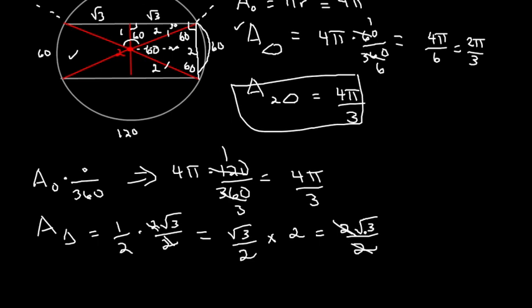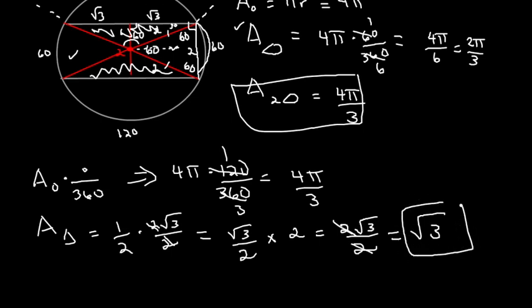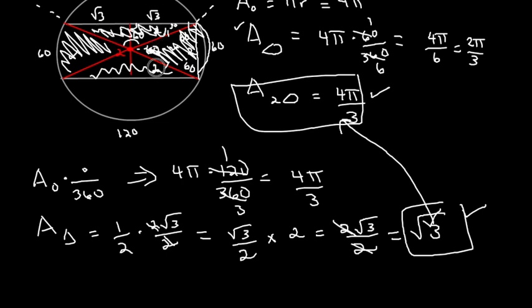So the area of this triangle and this triangle is just equal to the square root of 3. Final step, we're going to add these 2 together. We're going to add the sector over here, everything that's colored in this sector, and we're going to add it to our triangle on the top and our triangle on the bottom, and watch how nicely this works.